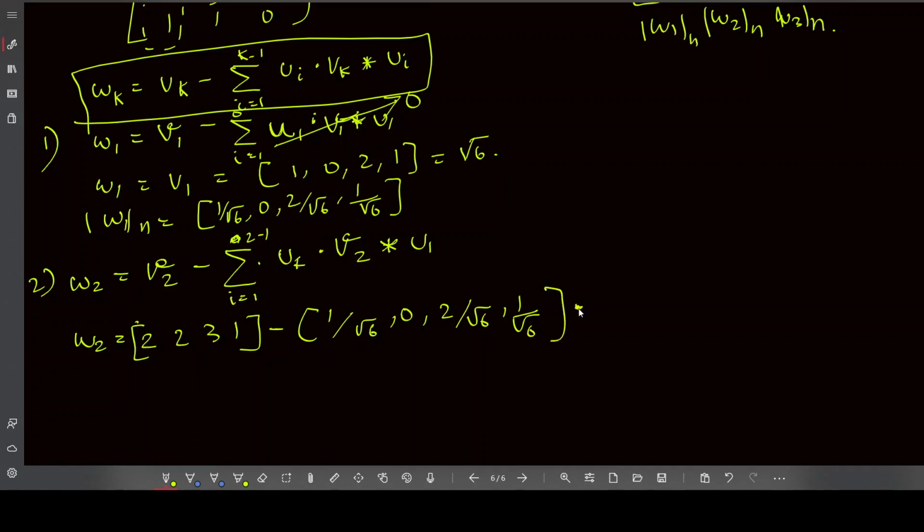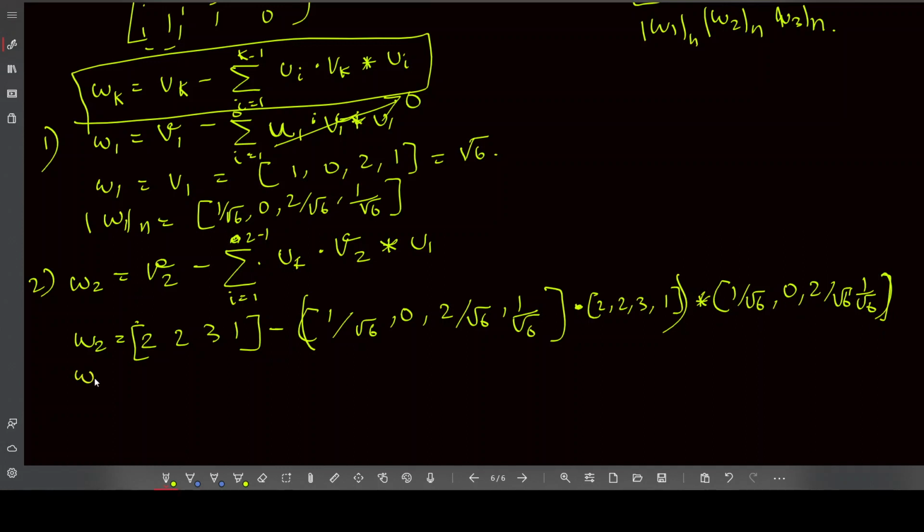Dot product with v2. v2 is again 2, 2, 3, 1 into, this is a scalar multiplication, okay? Into u1, which is again 1 by under root 6, 0, 2 by under root 6, and 1 by under root 6. That's the scalar multiplication.